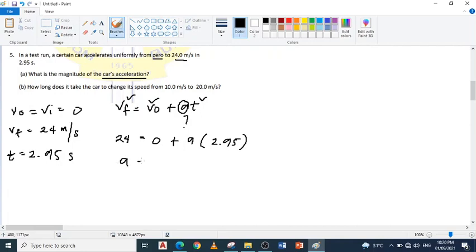So our a is equal to 24 divided by 2.95. Acceleration is 8.1355 meters per second squared.